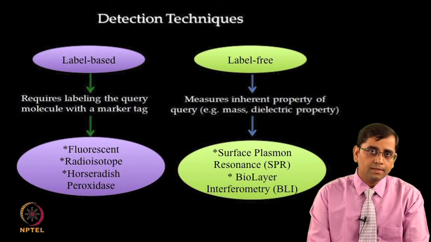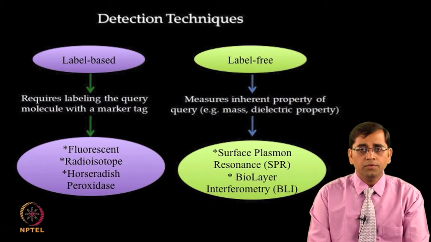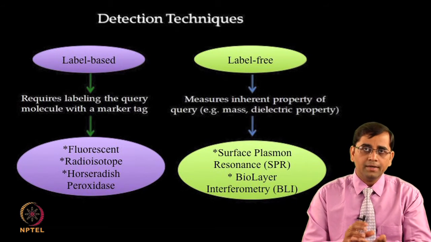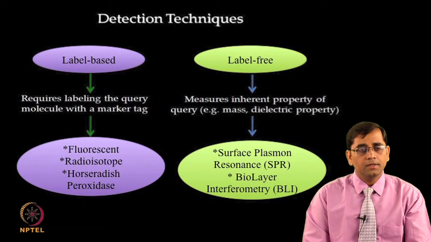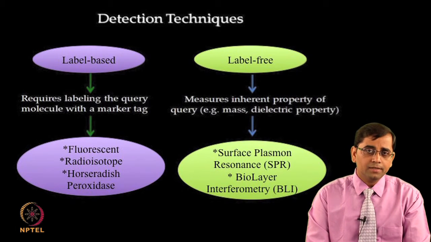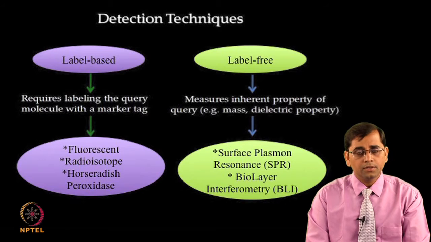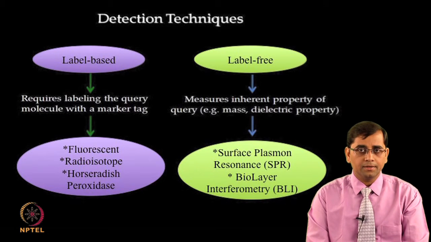The label-based methods require labeling of the query molecules with a marker tag, which in turn can be a fluorescent based, radioisotope based or HRP based tag.